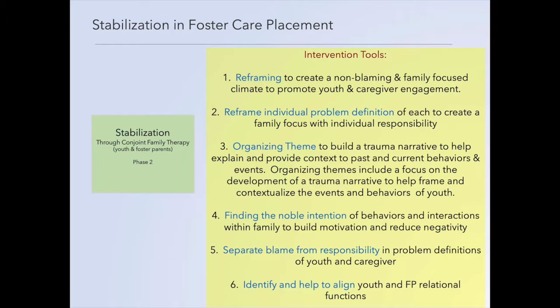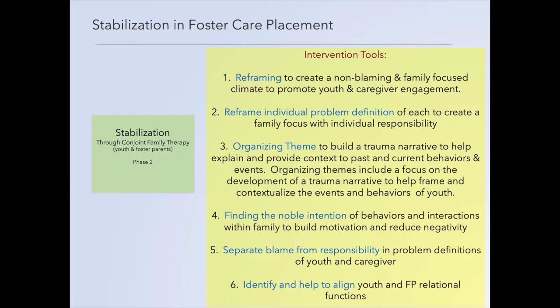Number 3 is from those reframing interactions to develop an organizing theme or a family narrative to explain why they're there, how to understand the behaviors that occur, and this will help focus again on bringing the trauma into the foreground to help them contextualize the events and the behavior of the youth.